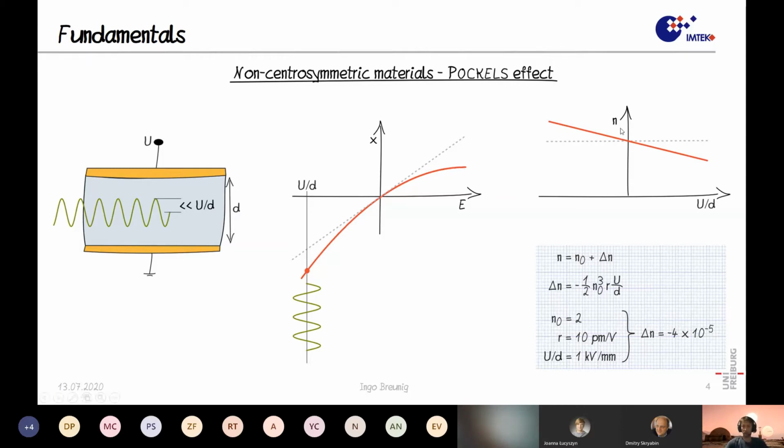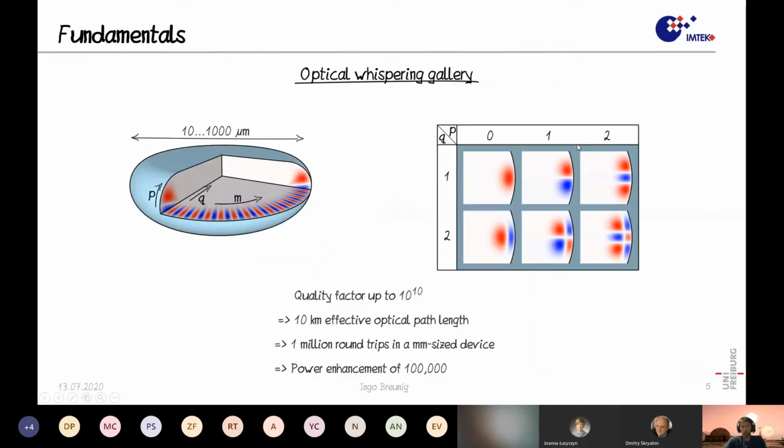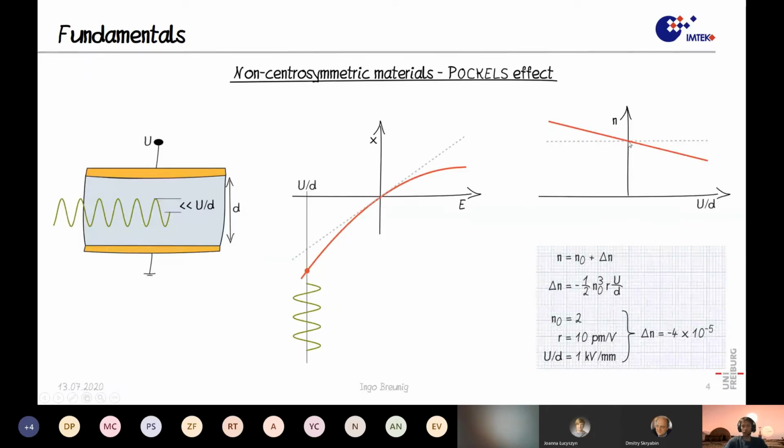So we can plot the refractive index as a function of the static electric field, and it looks like this. We just have a straight line. If we apply no electric field, then we have the regular refractive index. And we can see that the refractive index can be varied just by applying a voltage.